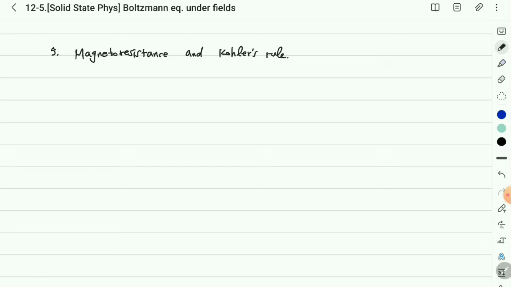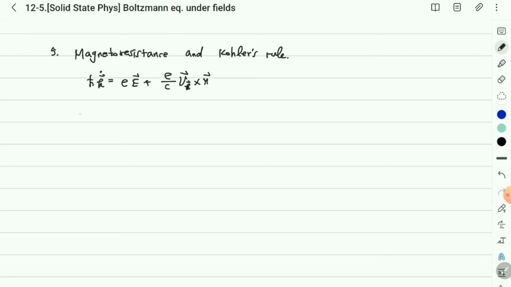We know from the previous lecture that in a Bloch crystal in a magnetic field, the equation of motion is governed by the Lorentz force, v cross H, and the diffusion.